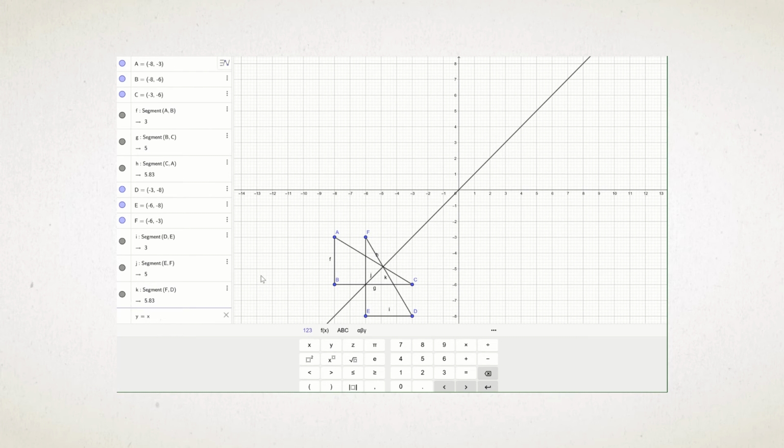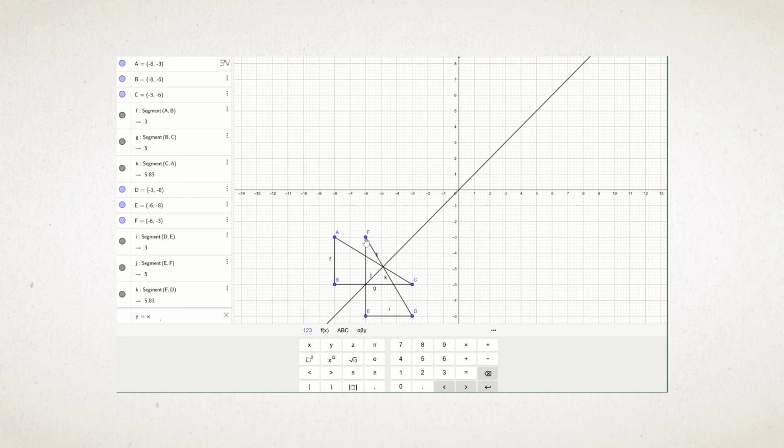And so, what kind of description do we have? Well, A is now going to map over here to D, and B is going to map to E, and C is going to map to F. So it's a reflection in the line y equals x.